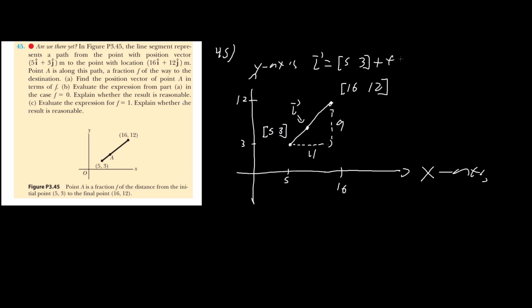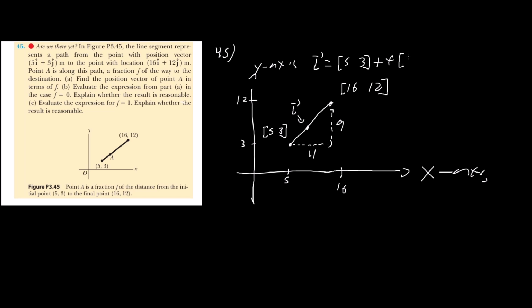I think I should probably unitize that. It's a fraction of the way to the destination. If f is 0 and f is 1, that would be the whole thing. So I guess we'll just do that.